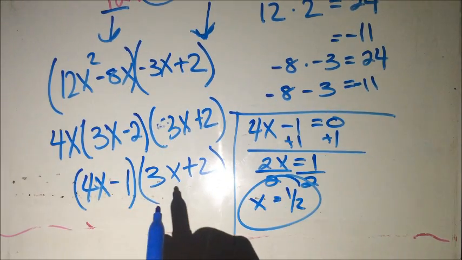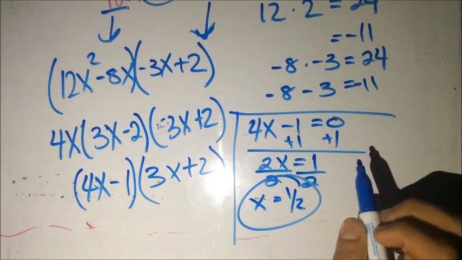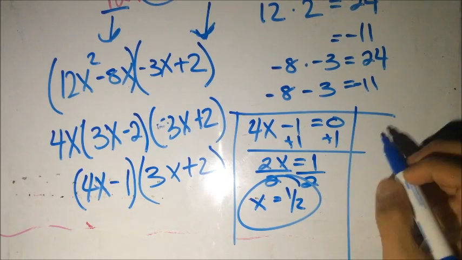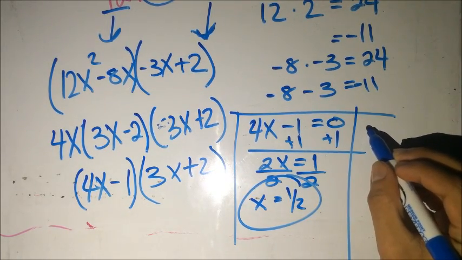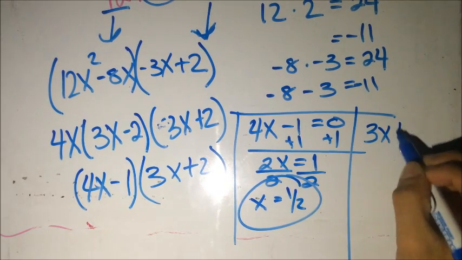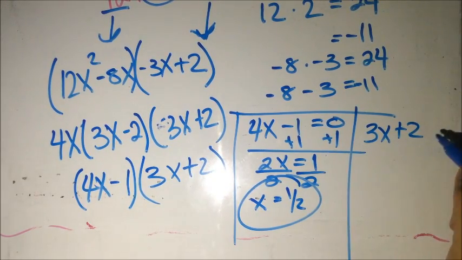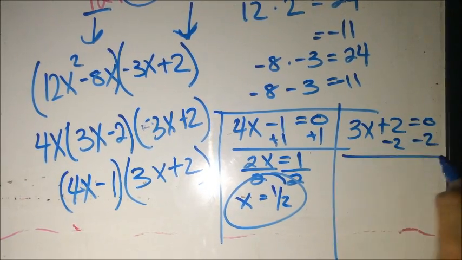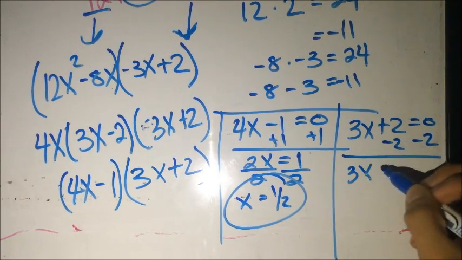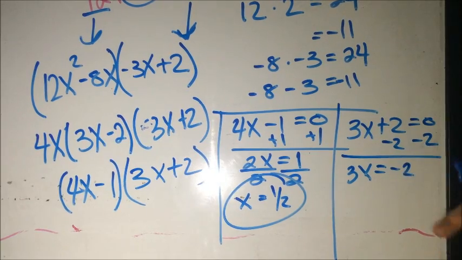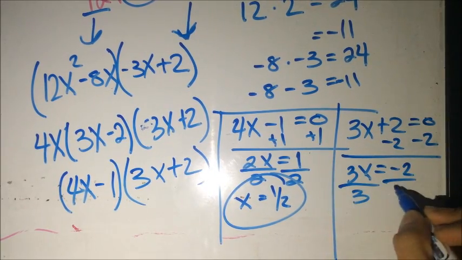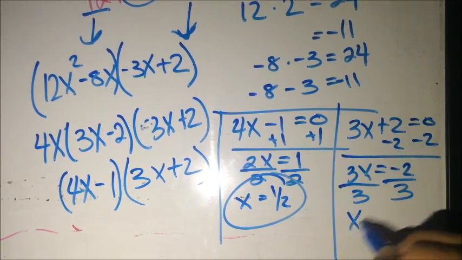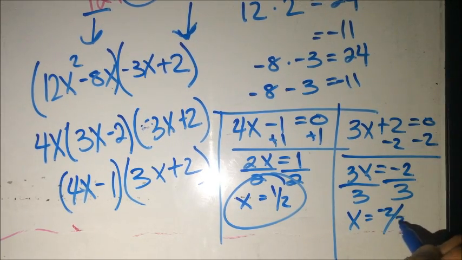For our second, we bring down this one, which is 3x plus 2 equals 0, minus 2. 3x equals negative 2, divided by 3. x equals negative 2 divided by 3.